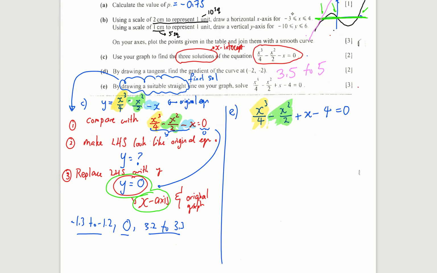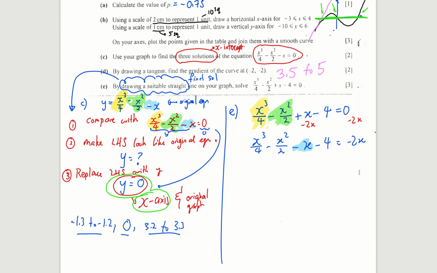So I will minus 2x on both sides. This is what I'll write: x cubed over 4, and then I can continue to highlight my blue. Now the 3 things are there, but I don't have a minus 4 on the original equation.